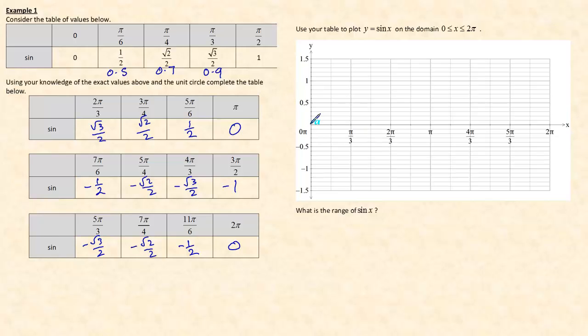So 0, 0. So pi by 6 is here, so that's going to be at 1/2. And then pi by 4 is between pi by 6 and pi by 3, and that's going to be 0.7 there, so that's going to be there.